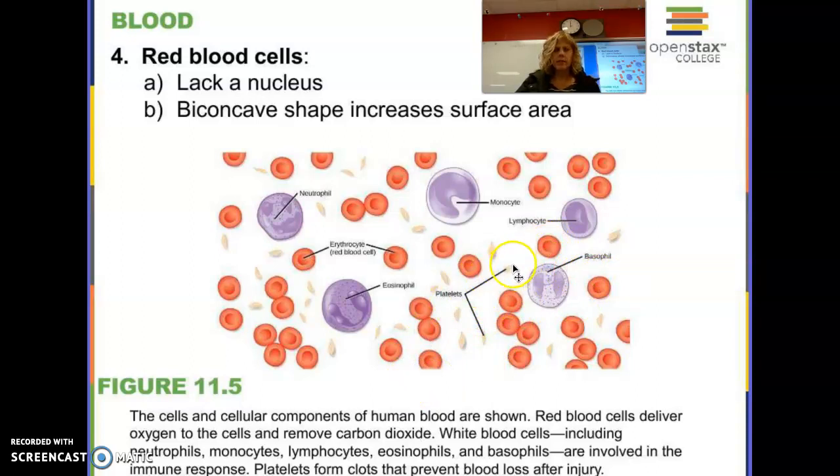And then these platelets are very, very small and kind of irregular, not super irregular, but they're not a nice round shape like we see with red blood cells, and white blood cells tend to be more that way. The different types of white blood cells are all important in the immune response, but they all have different jobs. And we'll talk about that a little bit more later.